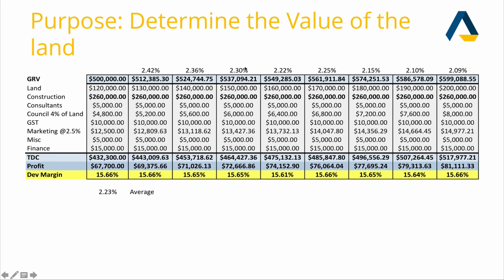But what they forget, or don't pay attention to, is the fact that every time you are paying more for the land, every increment is going to put pressure on the end sale value, because everything else underneath is going to remain more or less constant.